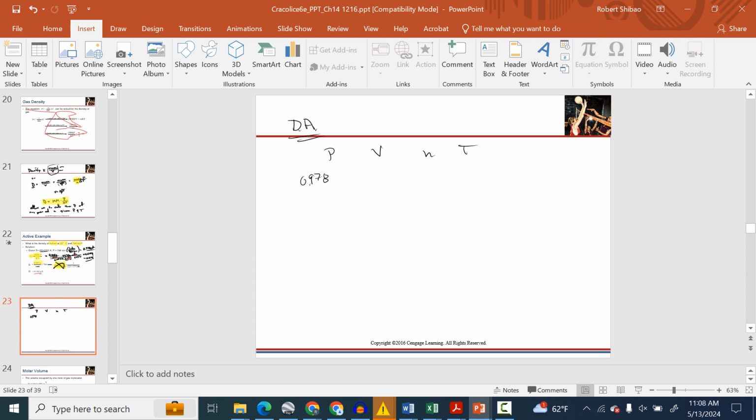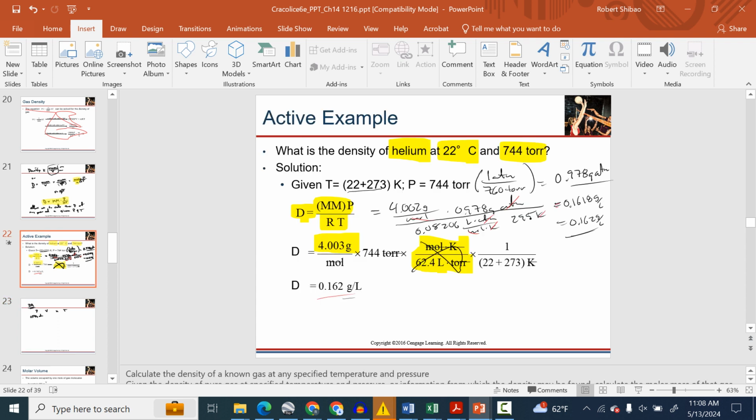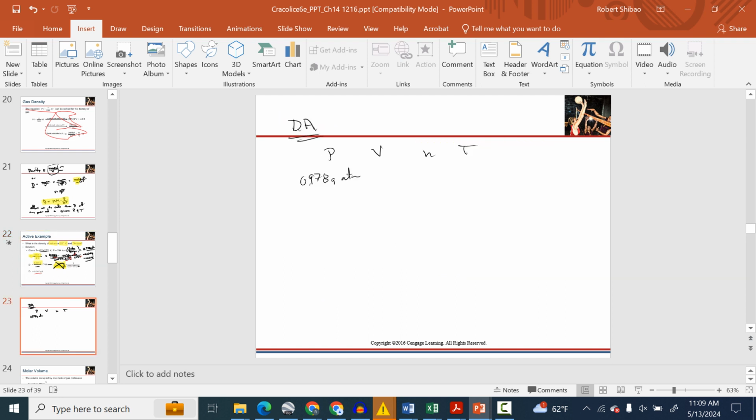Technically, we're only allowed 3 sig figs. I'm going to carry a fourth. So 0.9789 atmospheres. The volume, did they give us the volume? No. Did they give us the number of moles?